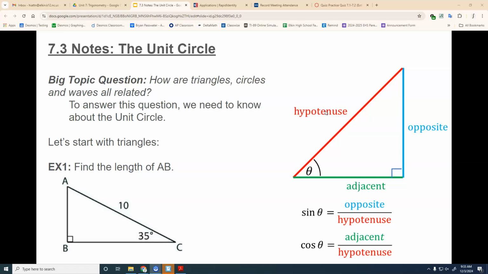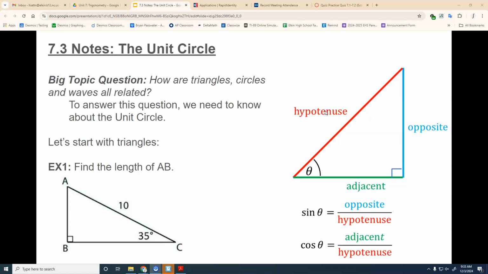What is very interesting to me is we can connect these triangles to a circle. Okay? And then we can use that circle to create waves. And those waves can be used for all kinds of things that seem to have nothing to do with triangles. For example, lots of things travel in waves. You have sound waves.